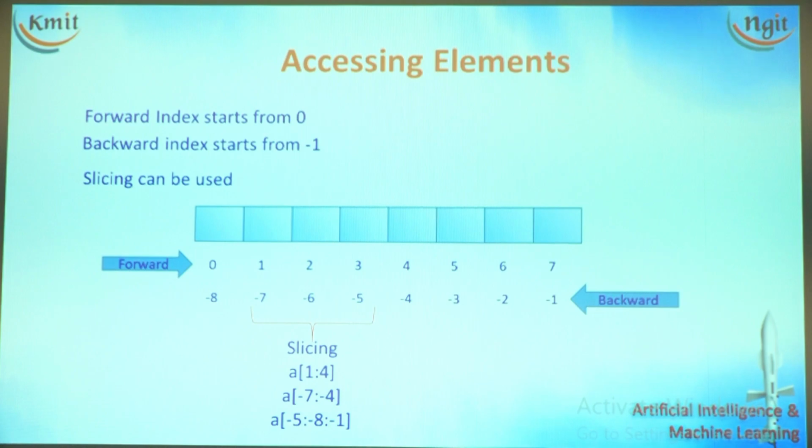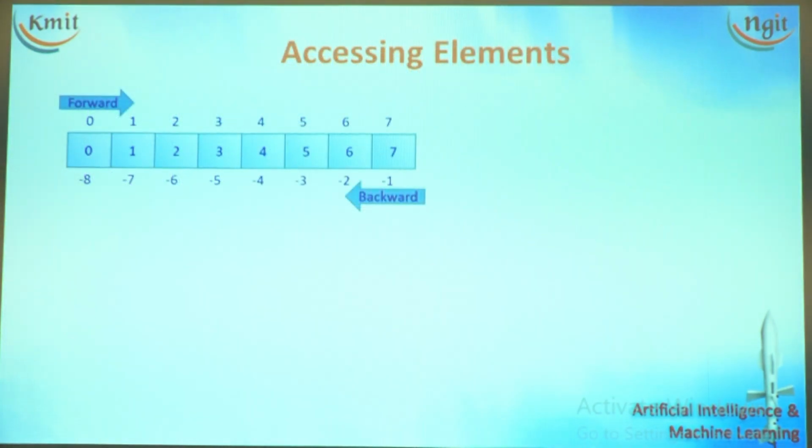How many of you are familiar with this please? Please raise your hand. Okay, fine. So the maximum of you are familiar with this concept of forward and backward indexing. Can I quickly move to the next slide? Right, so try to implement that in your Google Colab.